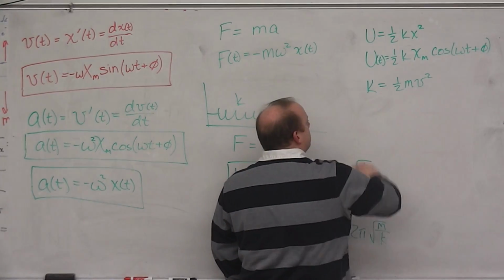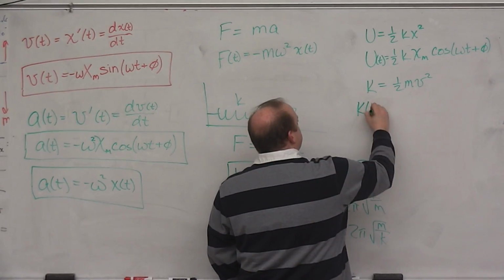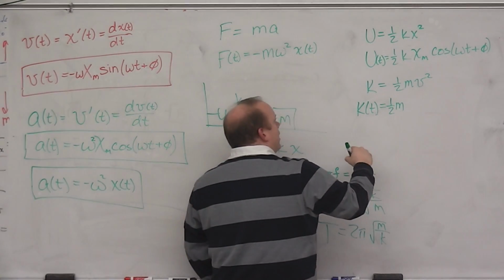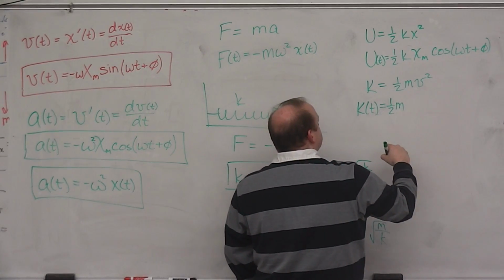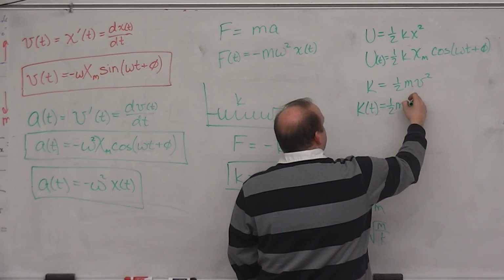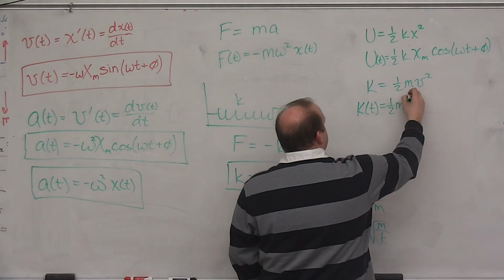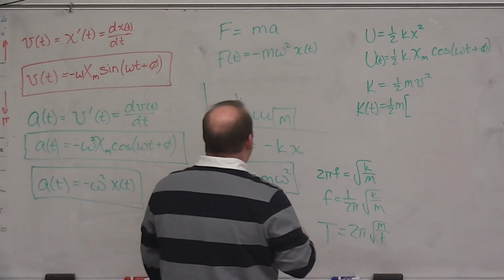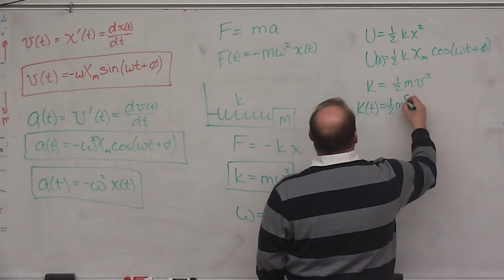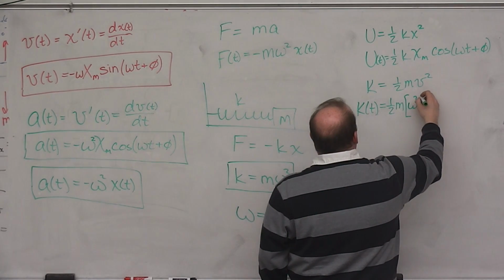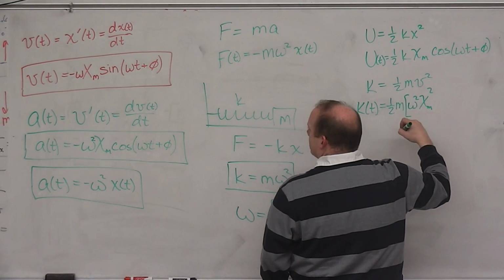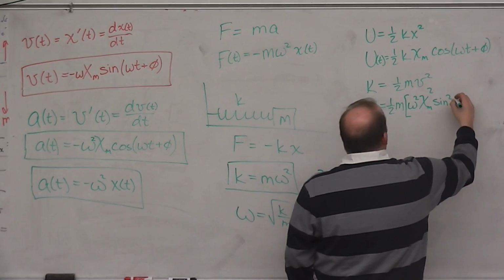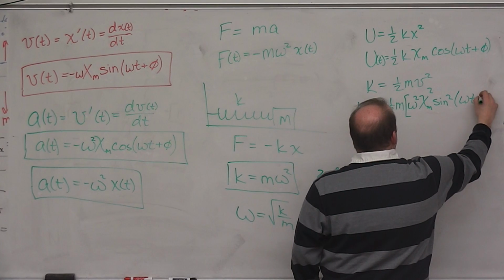So kinetic energy is a function of time. We equal 1/2 m, and I have to put this in parentheses here, v as a function of time, m omega squared xm squared sine squared omega t plus v.